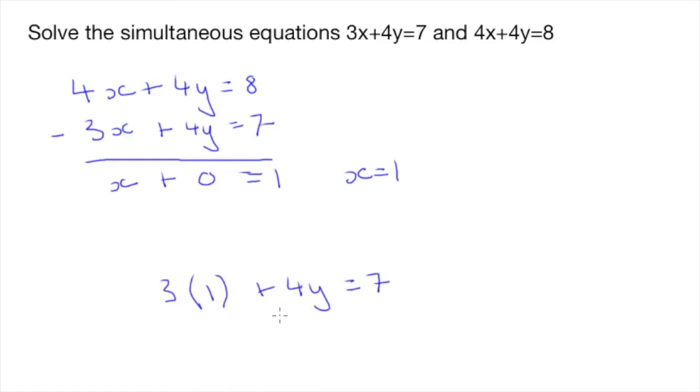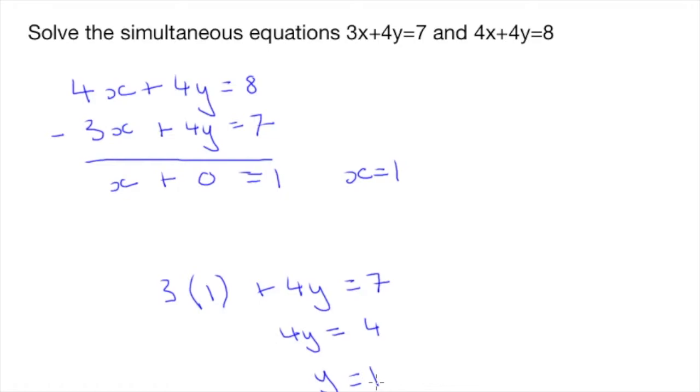So 3 times 1 is 3, and then I'm going to subtract this 3 from both sides of the equation, and I'll get 4y equals 7 minus 3, which is 4. Now I need to divide both sides by 4 and you'll get y equals 1. So we now know that x is 1 and y is 1.